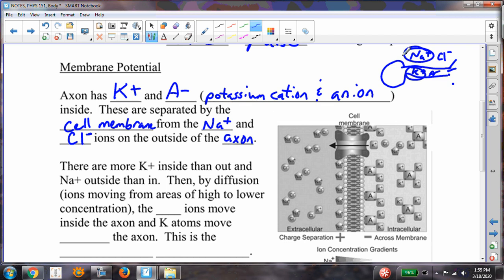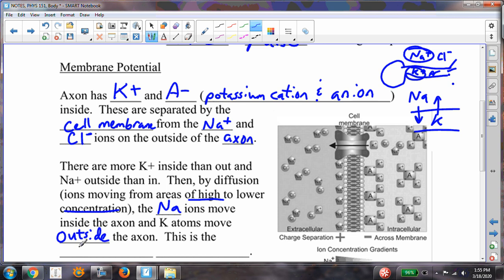So by diffusion, that is that ions will tend to move from higher to lower concentration. Because I got lots of potassium on the inside, it's going to tend to move out by diffusion. The sodium ions move inside the axon because I got lots of sodium out here, so they tend to move in by diffusion, and the potassium ions will tend to move outside the axon.